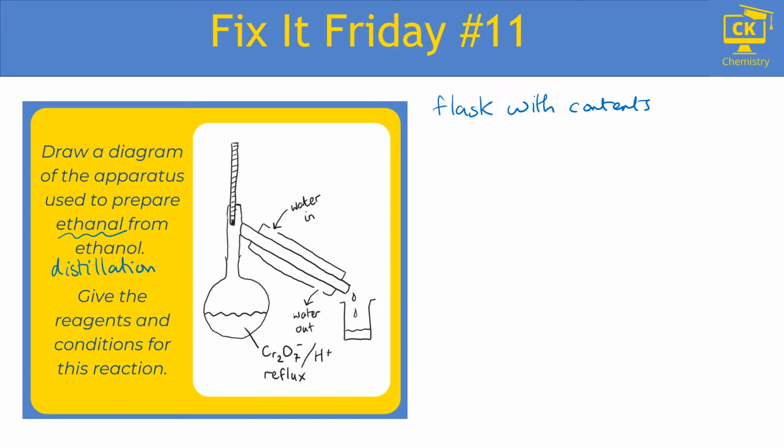So the flask with contents is good. The thermometer is good, and the thermometer is placed in the correct place for distillation, which is just before the entrance to the condenser. And also we have no gaps in our apparatus, so our liquid can go upwards.